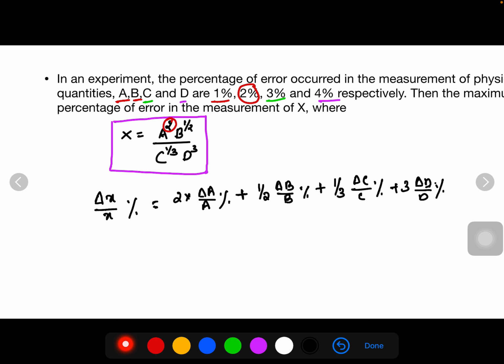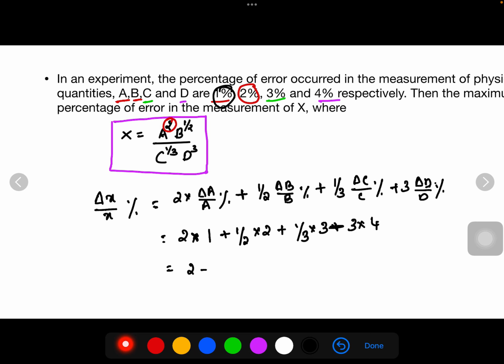The values of delta A by A and the others are already given in percentage form, so you just need to multiply those values with the exponents. So 2 into the percentage error of A, which is 1%, plus 1 by 2 into the percentage error of B, which is 2%, plus 1 by 3 into the percentage error of C, which is 3, plus 3 into the percentage error of D, which is 4.